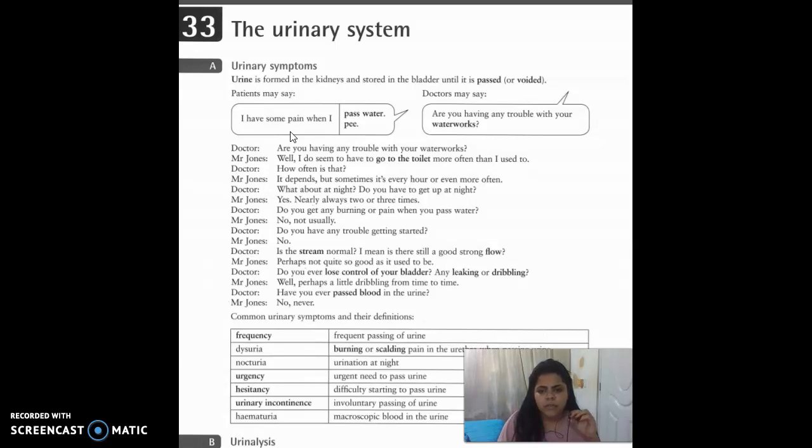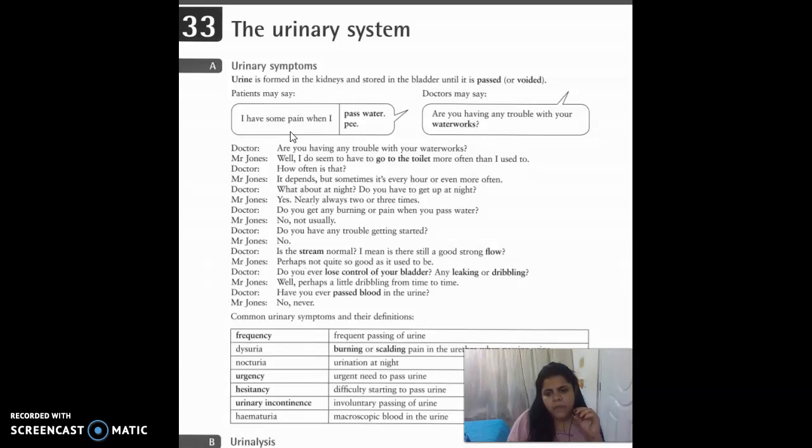Mr. Jones: Well, I do seem to have to go to the toilet more often than I used to. Doctor: How often is that? Mr. Jones: It depends, but sometimes it's every hour, or often more often.